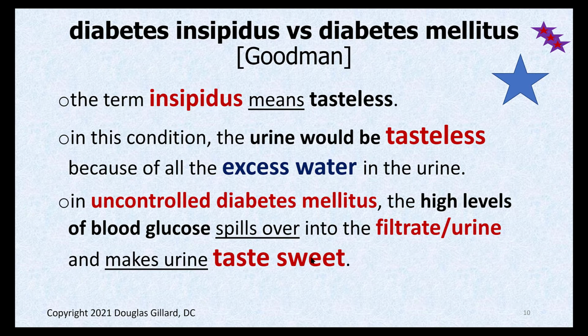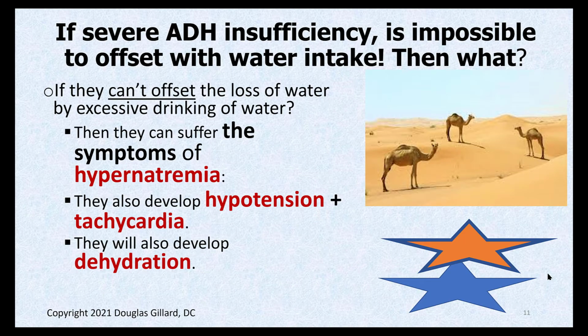Diabetes, of course, they have uncontrolled high blood sugar, and a lot of those glucose molecules spill into the filtrate and into the urine, so you get a lot of glucose in the urine. If you tasted or even smelled that urine, it smells sweet or it tastes sweet. So that's one way. I guess they used to do things like that back in the day. We certainly don't have to do that anymore, though.